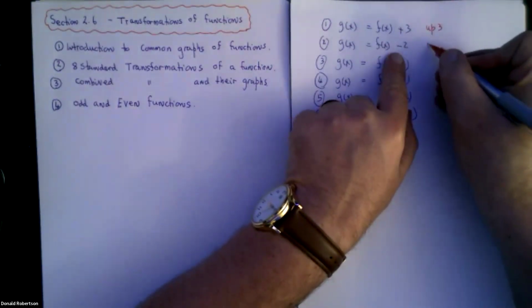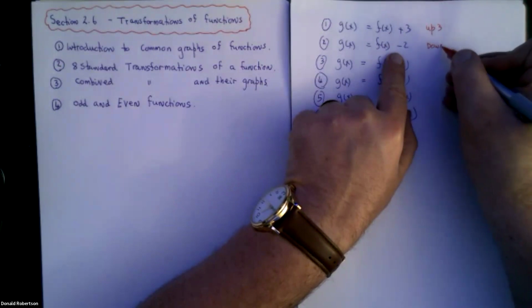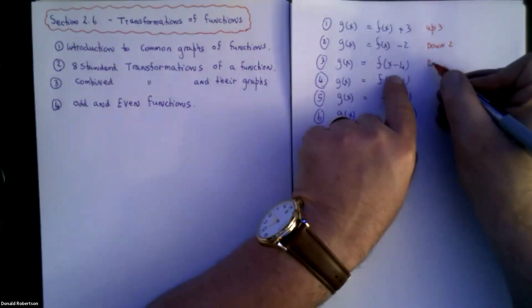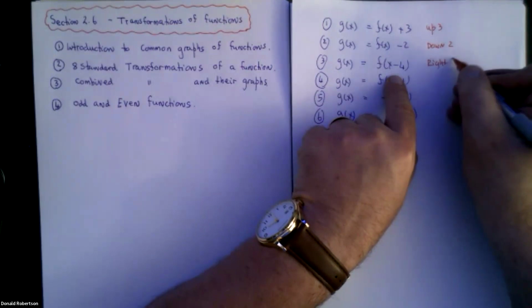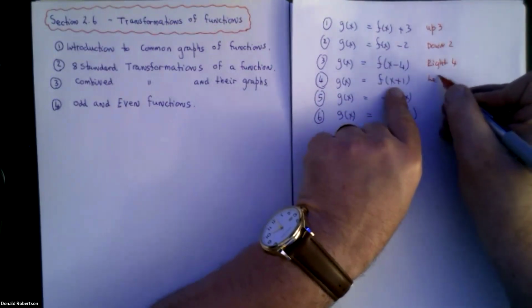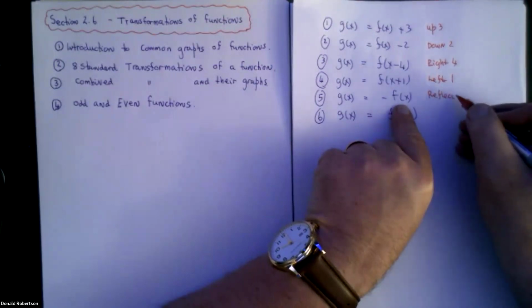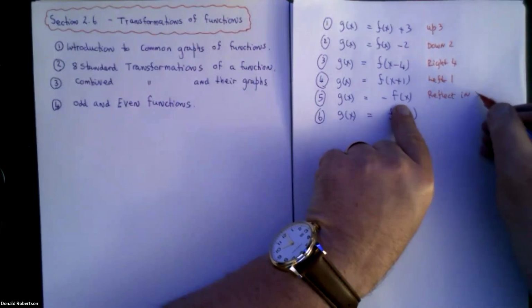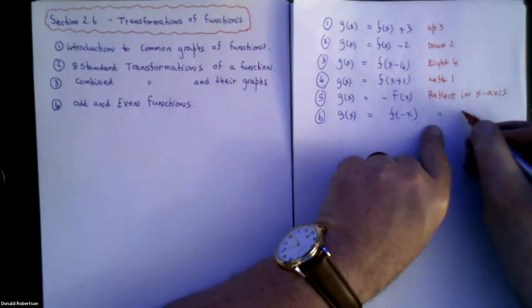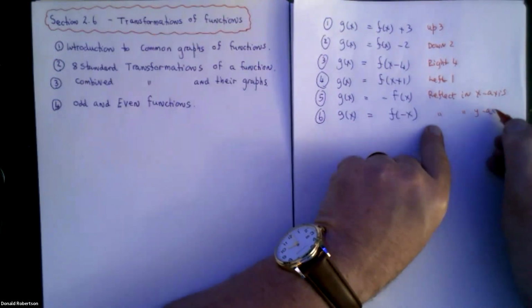Up 3, down 2. Yep, it's to the right. Right 4, left 1. Reflect in the x-axis. Reflect in the y-axis.